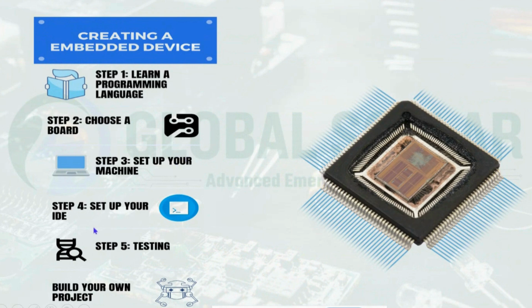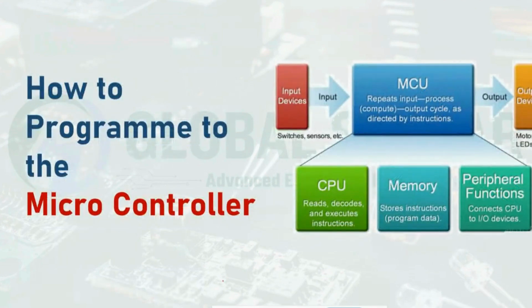For that you need to select your IDE based upon your hardware, whether it is Arduino, Keil, or MPLAB. Whichever IDE suits, you should choose that IDE. You need to write the code, then flash that code into the controller, and then you need to test, and your project will be ready. That means your embedded product will be ready.